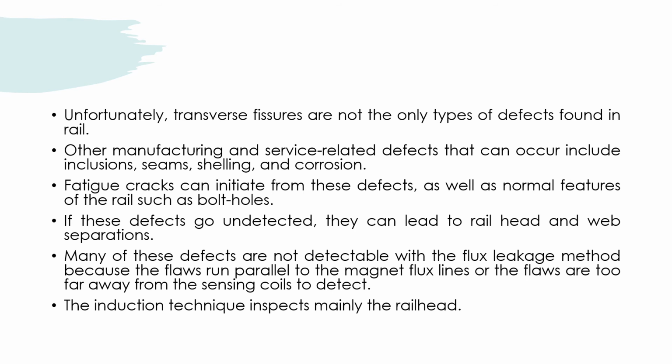Fatigue cracks can initiate from these defects as well as from normal features of the rail such as bolt holes, etc. If these defects go undetected, then they can lead to rail head and web separation.